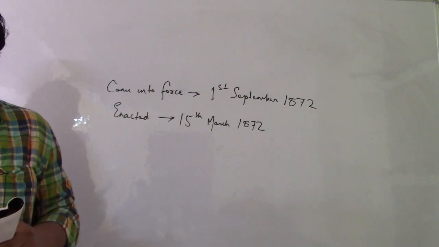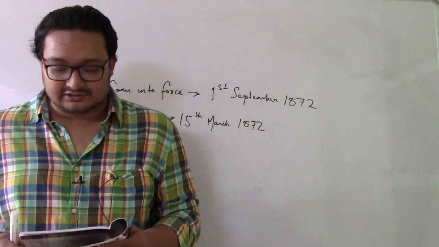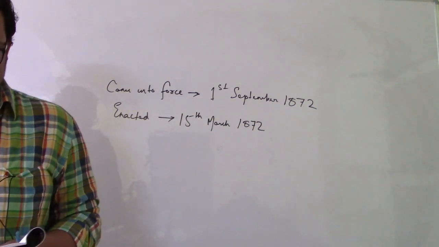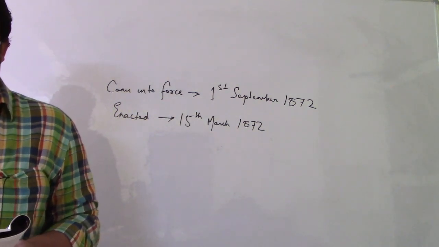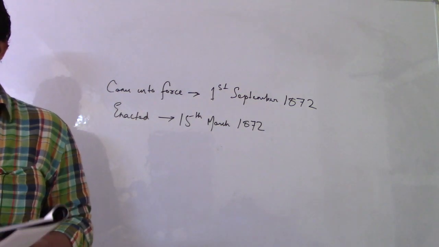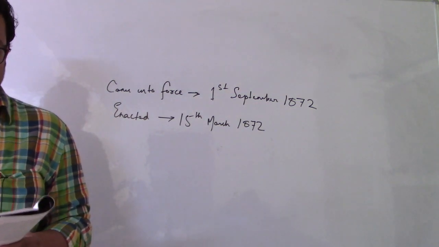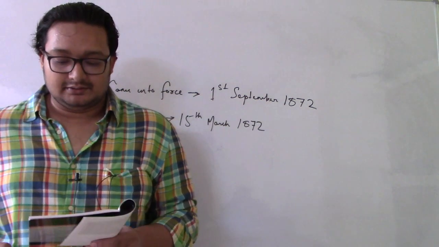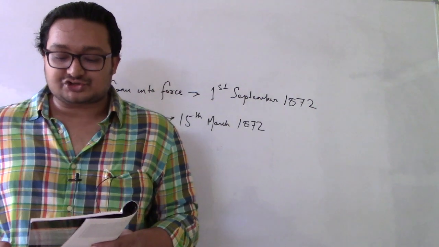Alright, now short title, extent and commencement. This act may be called the Indian Evidence Act. It extends to the whole of India and applies to all judicial proceedings in or before any court. Just underline the parts, judicial proceedings. Then including courts martial.